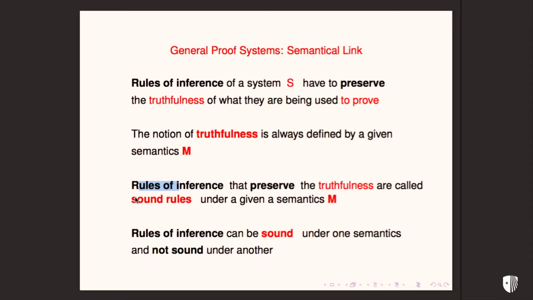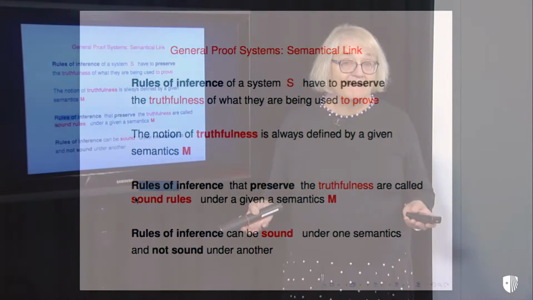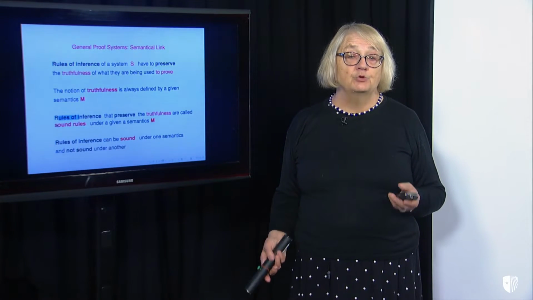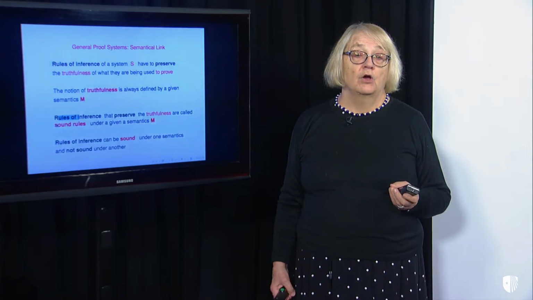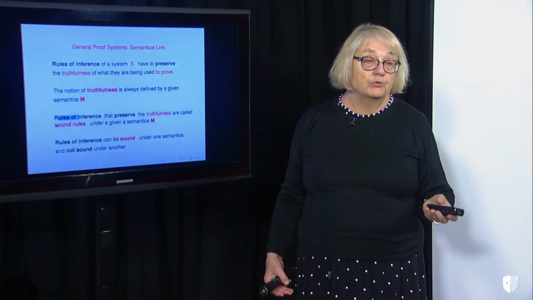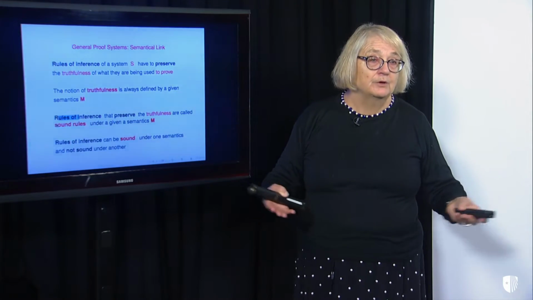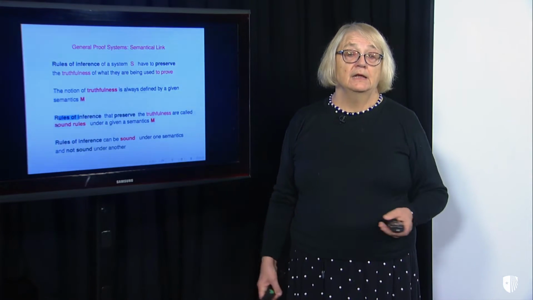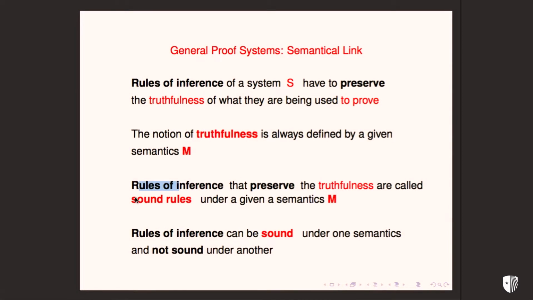Now, the rules of inference of a proof system, which we are going to define formally, have to preserve truthfulness of what they are going to prove, because why prove if you don't know that what you prove at the end is true. The notion of truthfulness is always defined by a given semantics M. We talked about semantics in the previous lectures.